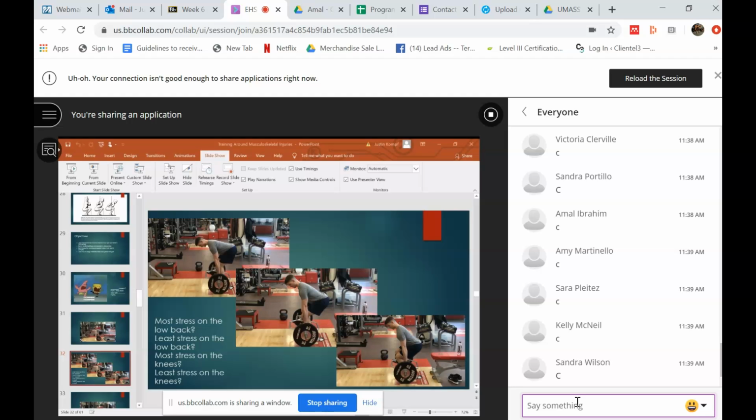Yep, C. Okay. Which one do you think is going to put the most stress on the knees? Not that any of these variations put a ton of stress on the knees, but which one do you think is going to place the most stress on the knees?